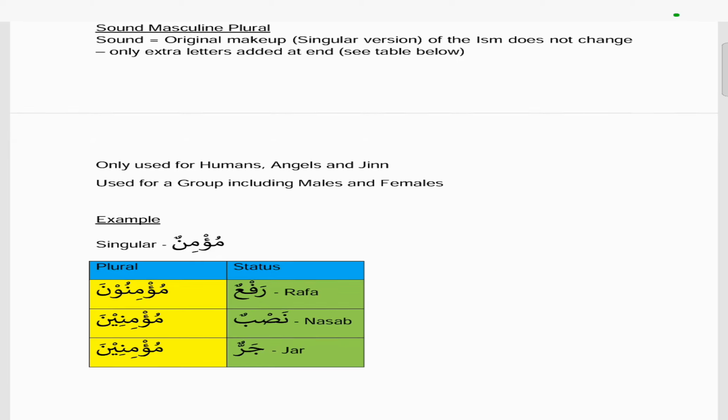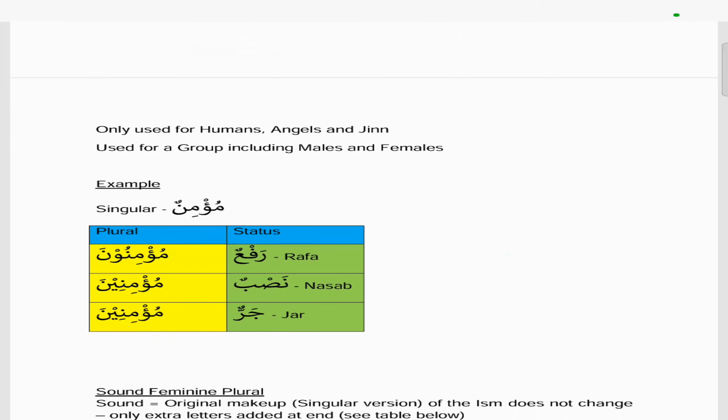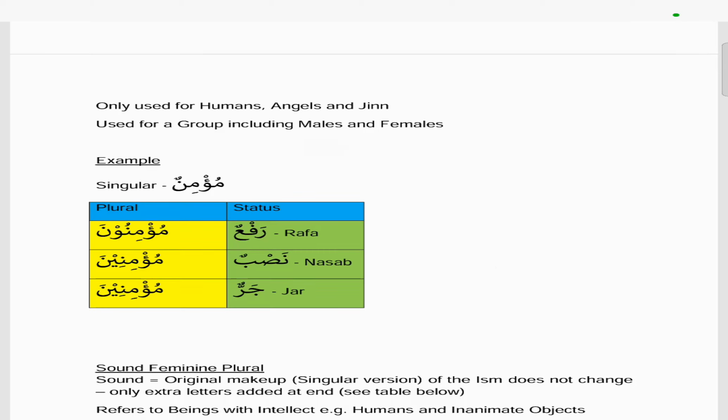An example here is the singular Mu'minun, but for the plural, if you look in each case, the base, the singular Mu'minun, is still there in each of the plurals, whether it's Rafa, Nasab or Jar. The only thing that's been done is that extra letters have been added to the end. That's why we call these sound plurals, because the original base is still there. So the Rafa would be Mu'minuna, we just added a wa and a noon.